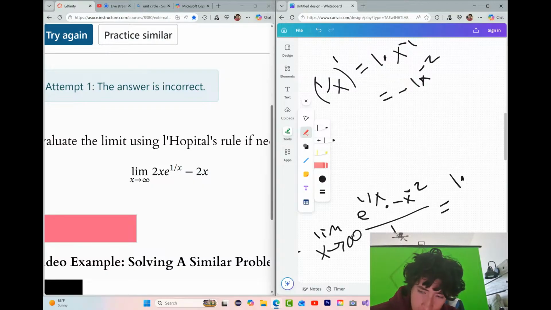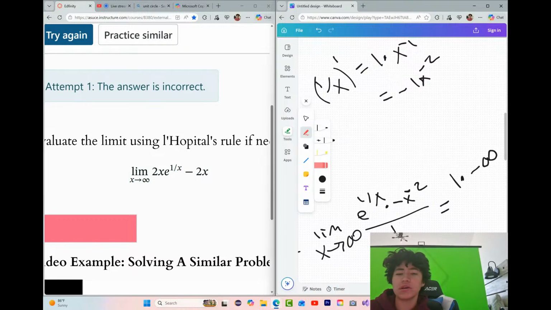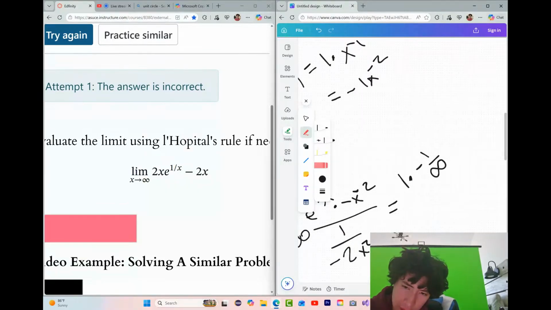Perfect. So we have 1 times negative x to the power of negative 2, so we have negative infinity, negative 1 over infinity.